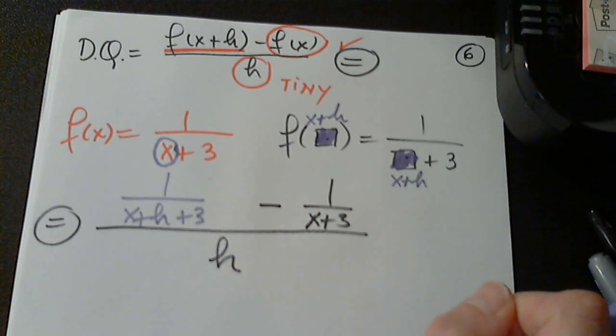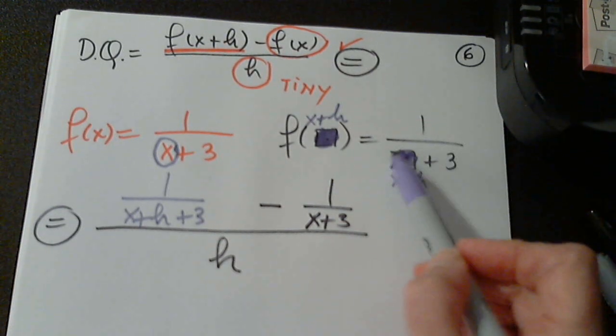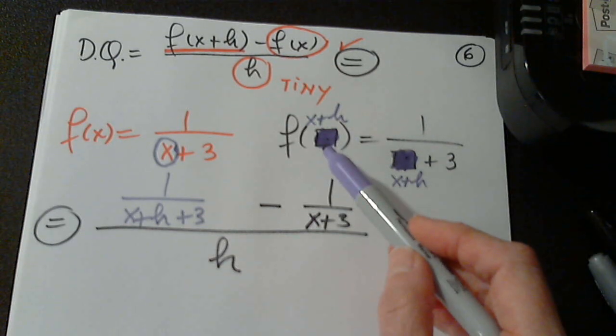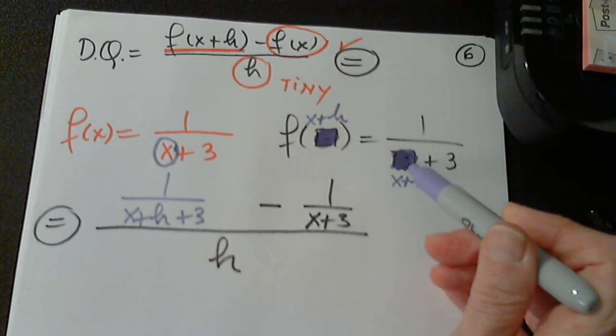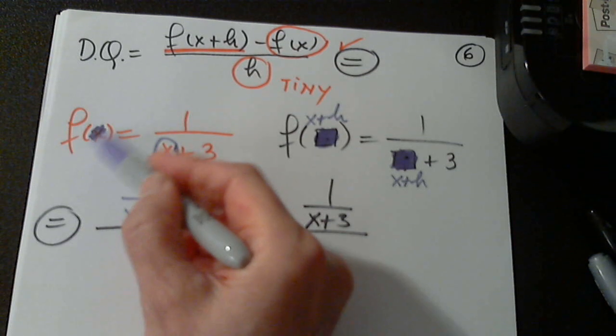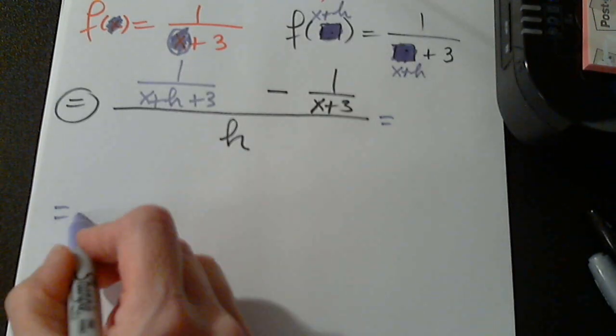Oh, okay, that makes sense. f of whatever is 1 over whatever plus 3. And now you tell me what you wanted it to be, and I have to put it in everywhere where whatever shows up. So this is it. Better? Yeah. Perfect.